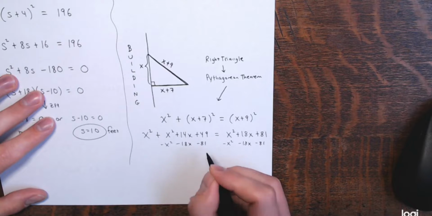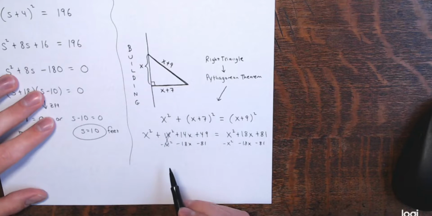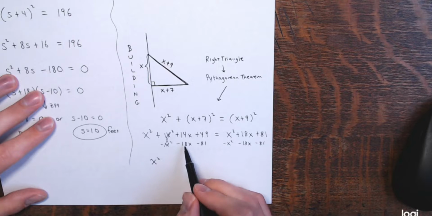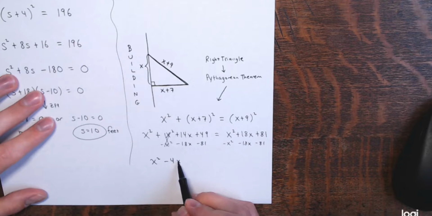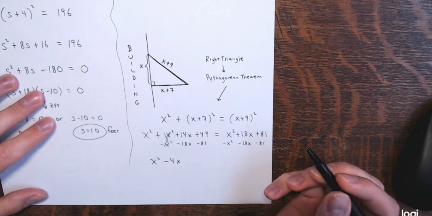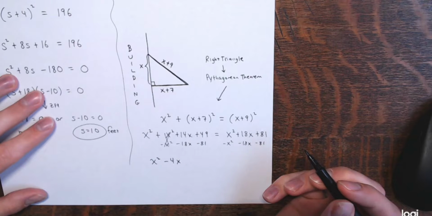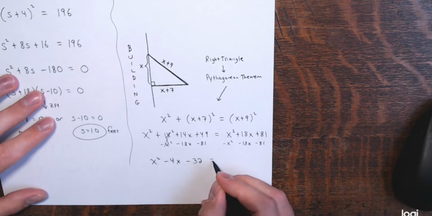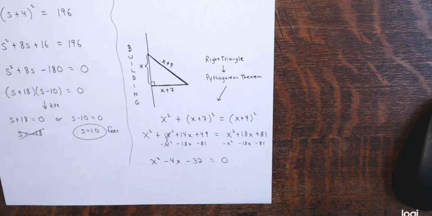That'll get rid of this x squared here. So I'm left on the left side with x squared minus 4x, 14x minus 18x, and then minus 32 equals 0. 49 minus 81 would be minus 32.